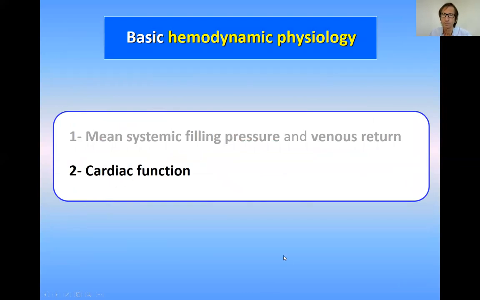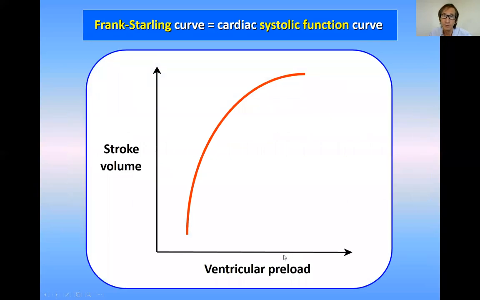Cardiac function. This is the systolic function curve of one ventricle, the right or the left ventricle. This is also called the Frank-Starling curve. It plots stroke volume against ventricular preload. If you increase preload while the ventricle is operating on the steep portion of the curve, you should increase stroke volume, and this condition is called preload responsiveness.